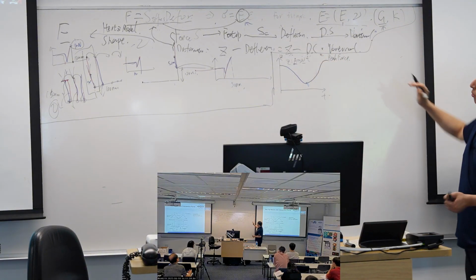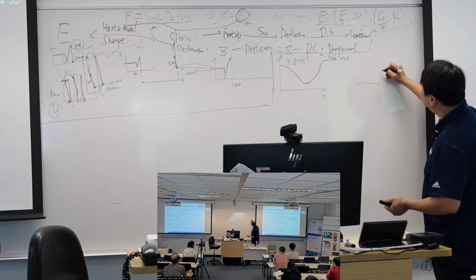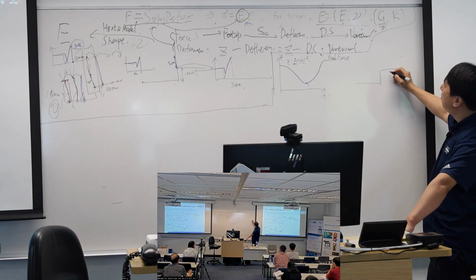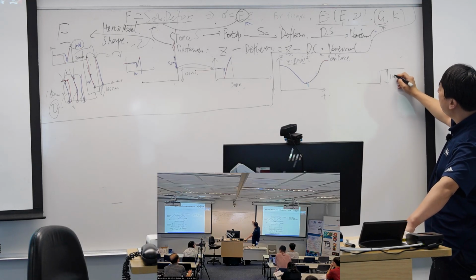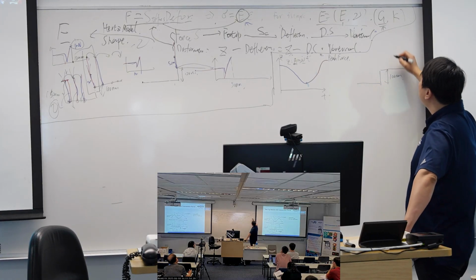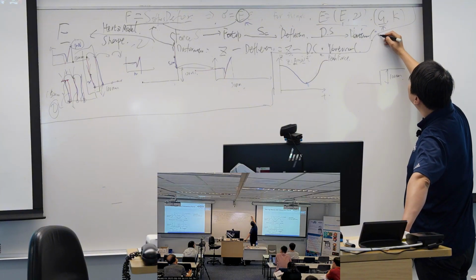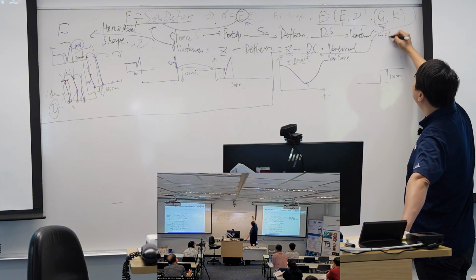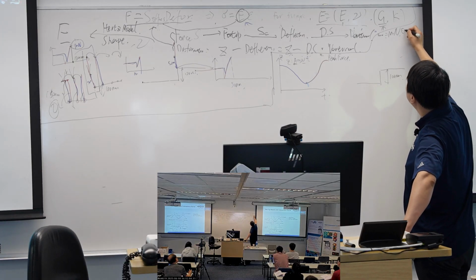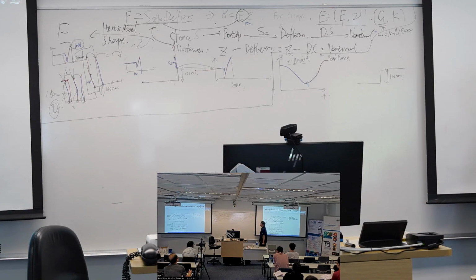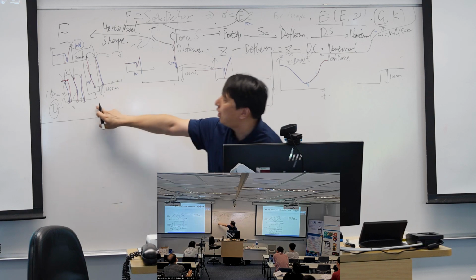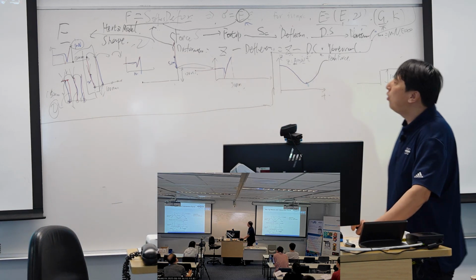So again, we have this kind of sample, a step sample. The height of the step is still 100 nanometers. For this one, we still use a maximum force, and we set it to be 1 nanonewton. For the sample, we set the modulus to be infinity. Then we mimic our example in the morning.